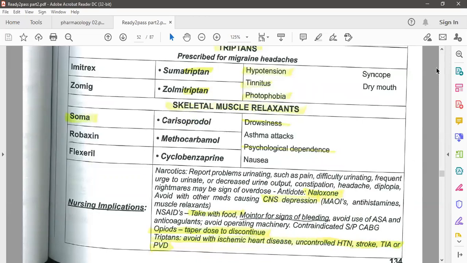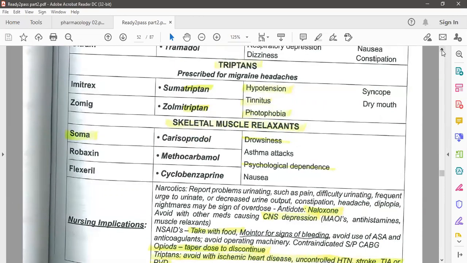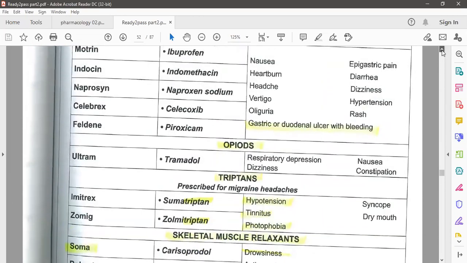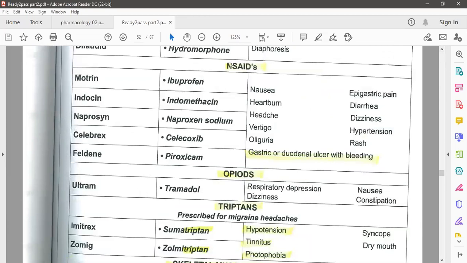So now I'm going to compare and contrast with a discussion about NSAIDs. It is non-steroidal anti-inflammatory medication. The names of the drugs we use as NSAIDs are basically ibuprofen, indomethacin, naproxen, or celecoxib, right? The most common ones. This medication we call non-opioid.